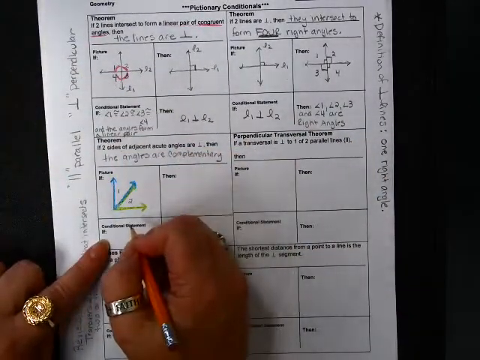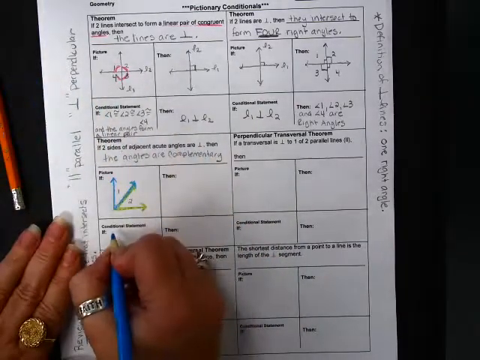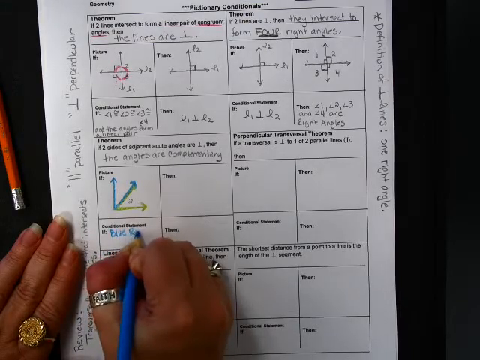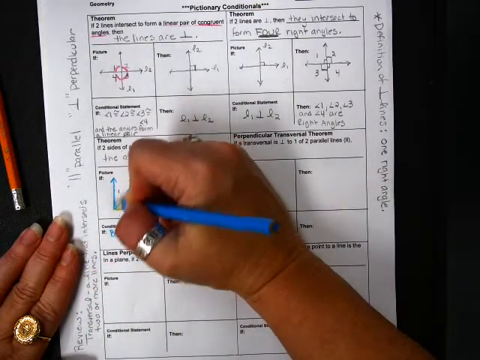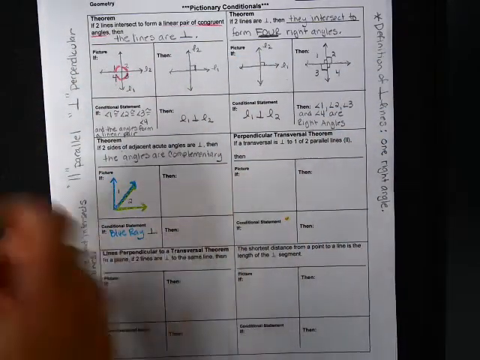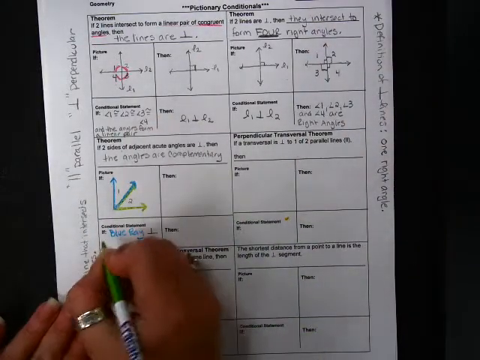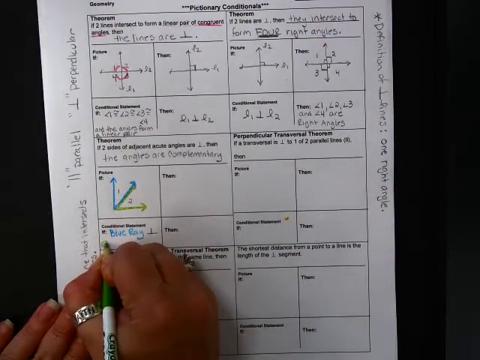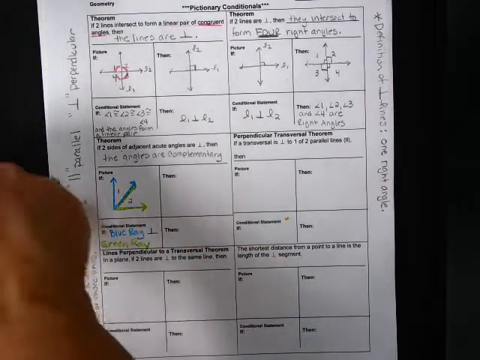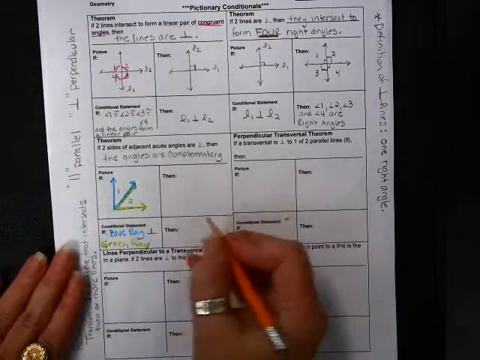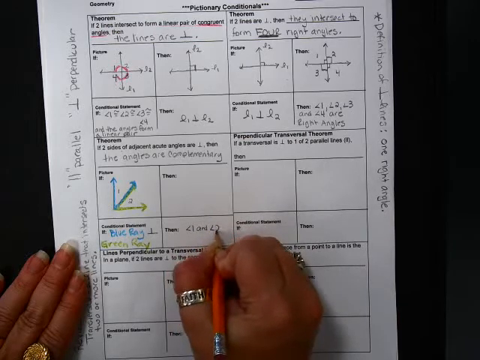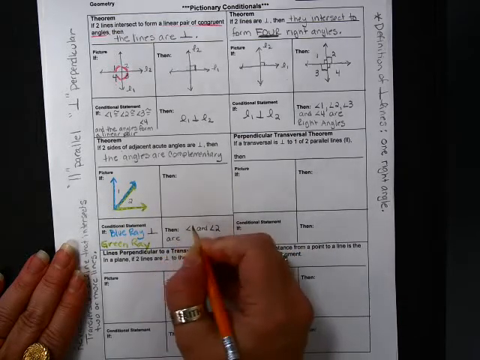So what they're trying to say here is, if the blue ray, this outside ray right here, the blue one, is perpendicular to the green ray, then angle 1 and angle 2 are complementary.